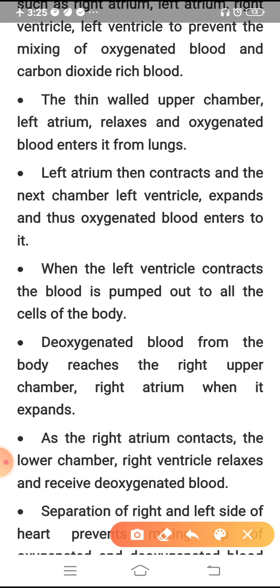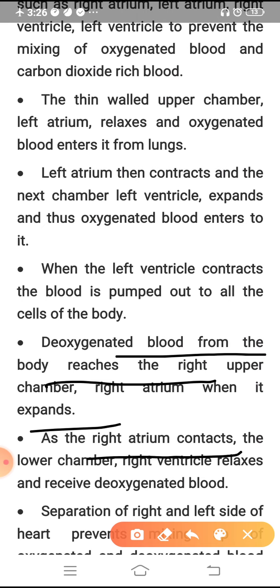Now the deoxygenated blood from the body reaches the right upper chamber, that is, the right atrium. From the right atrium, it goes to the right ventricle when the right atrium contracts.